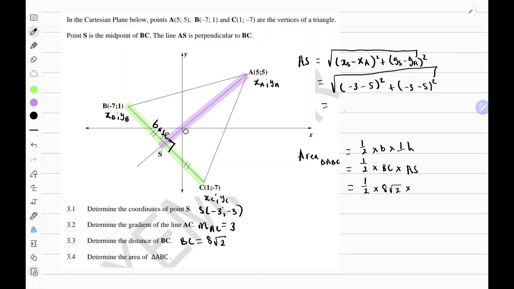So this is the square root of minus 8 squared plus minus 8 squared, which is the square root of 64 plus 64, the square root of 128, which is 8 square root of 2. We got the coordinates for point S earlier on.